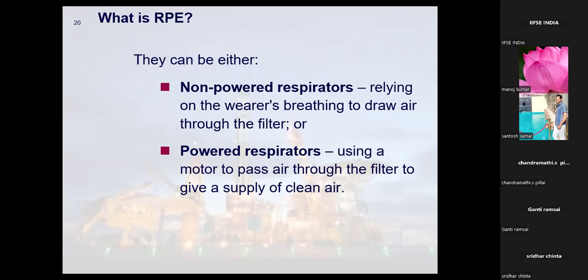What is the minimum quality of air that you permit for a sandblasting person? Can anyone guess? See here, what we use is class D type. Class D type of air quality has to be maintained.